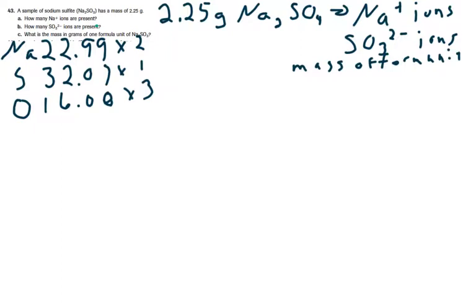Don't have to type times 1 in, plus 16.00 times 3. And we get 126.05 grams per mole. So that's our molar mass. And we use that to do the calculations.